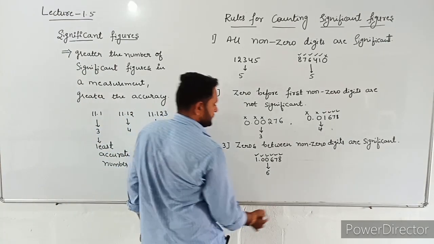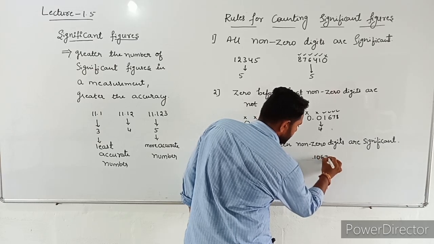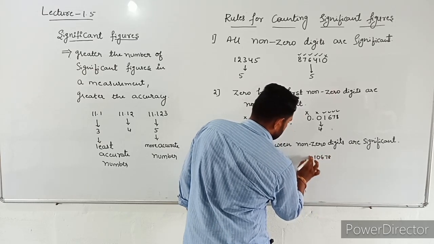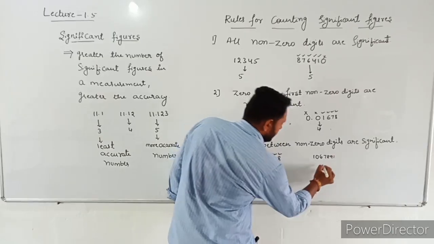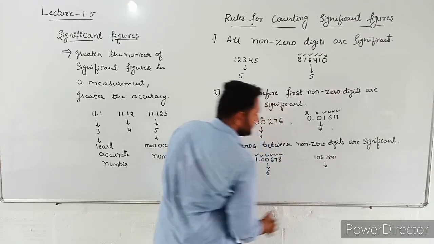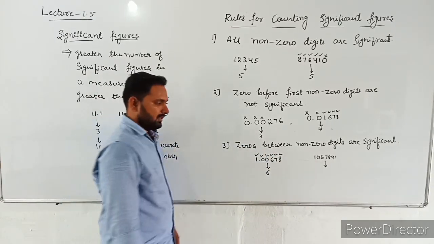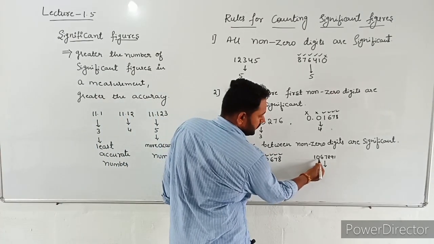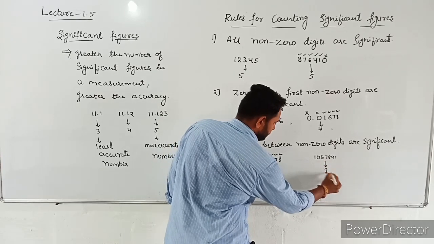Okay, next one more example. 1, 0, 6, 7, 8, 8, 9, 1. Now tell me how many significant figures are present in this number. Total 1, 2, 3, 4, 5, 6, 7.